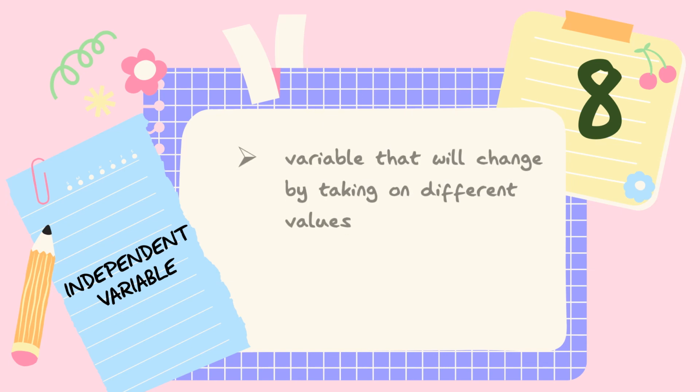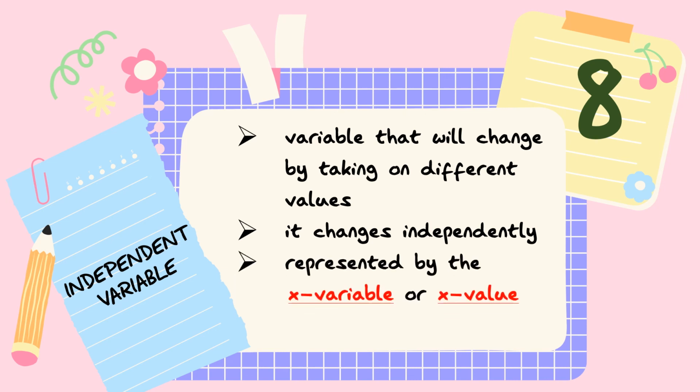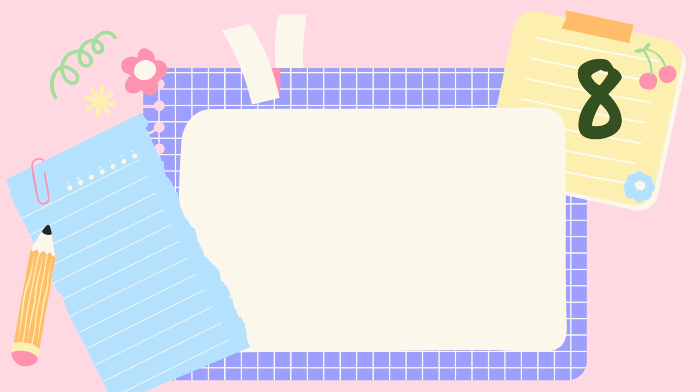Independent variable are variable that will change by taking on different values. It changes independently from the word itself, and it is represented by the x variable or the x value.